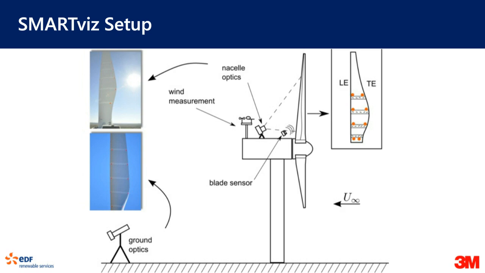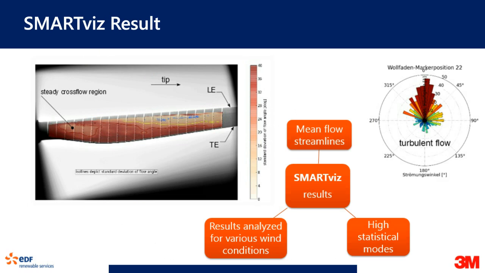So by physically putting these flow tufts on and monitoring how they behave, and using a complex algorithm, we can actually get an output, something that looks like that, which takes all the mean flow streamlines and compiles them into the results. And we have done this in partnership with TU Berlin as well.